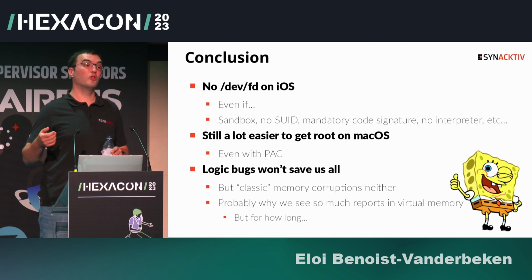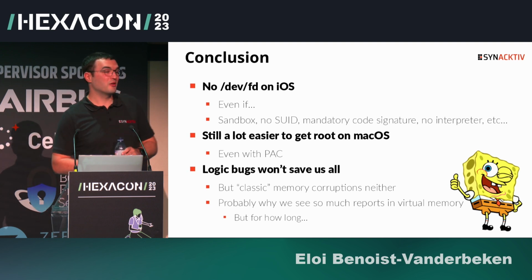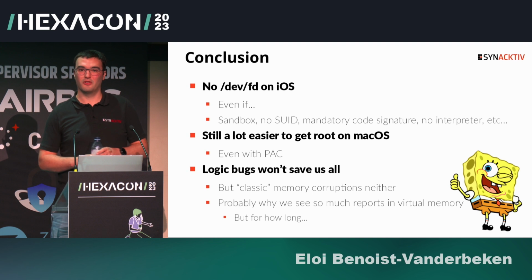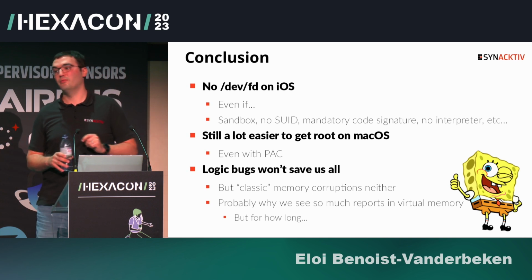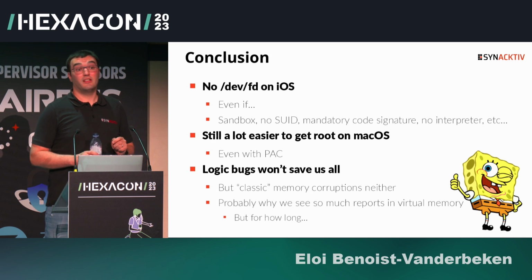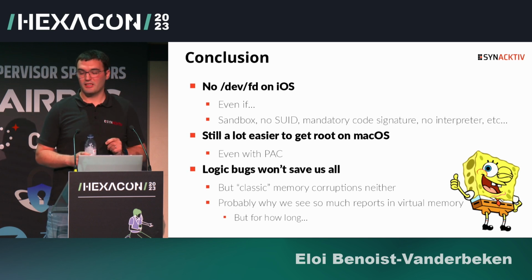Also, logic bugs won't save us all. I don't think we will see logic bugs that give us arbitrary code execution from the Safari sandbox just like that. But actually, memory corruption neither, because they are harder and harder to exploit, as Zerub said.